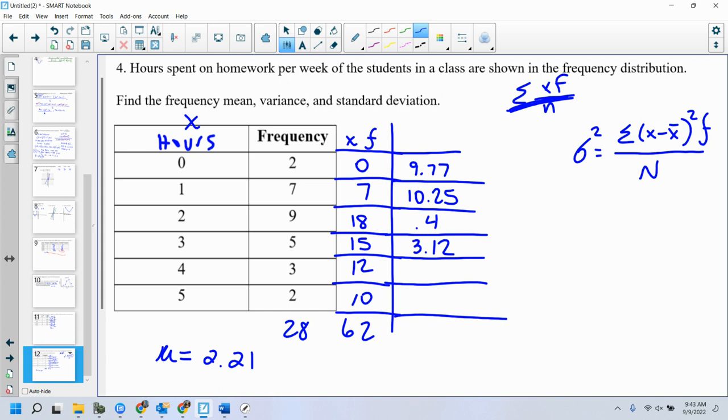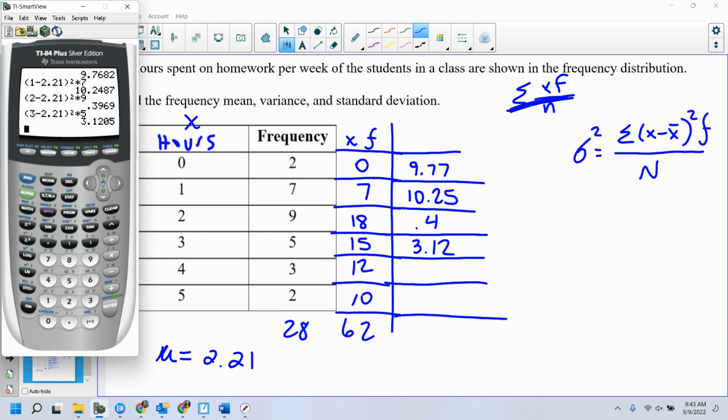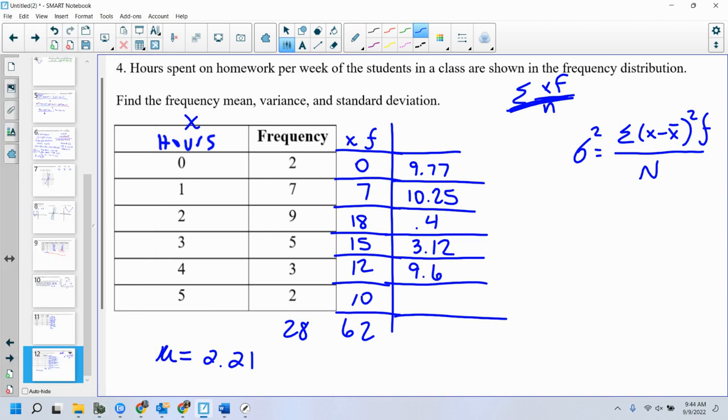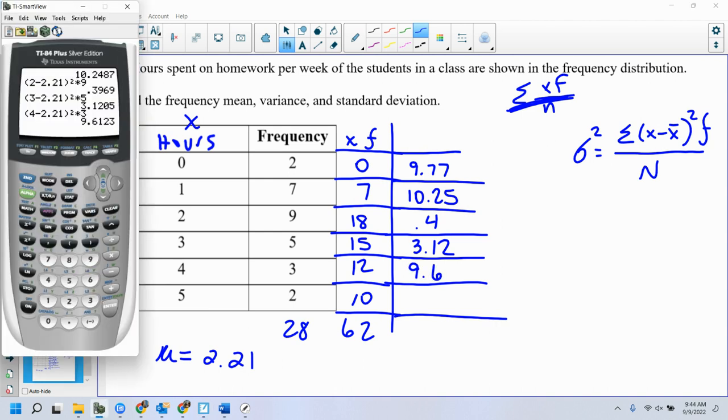Same thing, but my x is now 4, and my frequency is 3. 9.61.